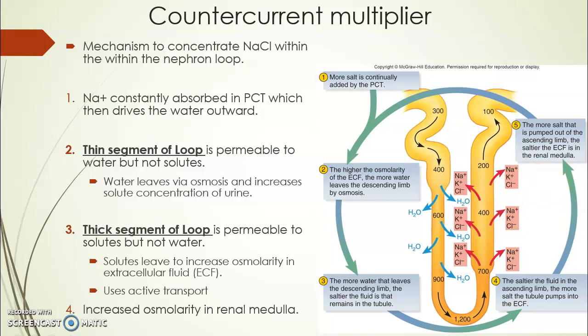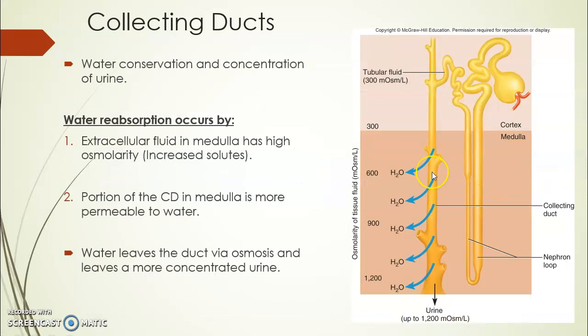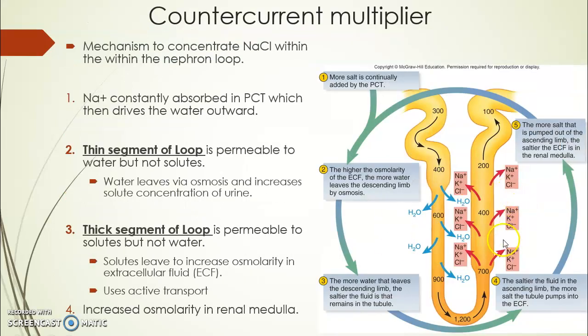As the filtrate leaves the distal convoluted tubule into the collecting duct, we want the water to exit, and it does this because of the amount of solutes in that extracellular tissue, because of what just occurred within the loop of Henle.